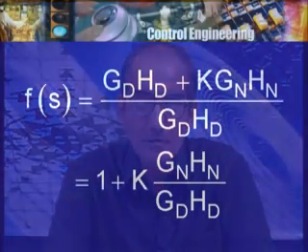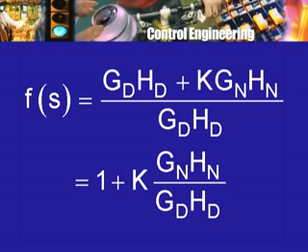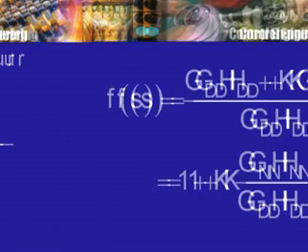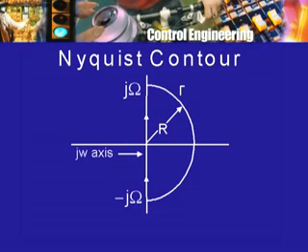So, let us now apply Cauchy's principle of the argument, choosing this Nyquist contour as the contour gamma in the S plane, and we are going to look at the image of this contour under the function f of s, of which the numerator is the characteristic polynomial and the denominator is simply GDHD, as we saw earlier. Now, what is going to happen?